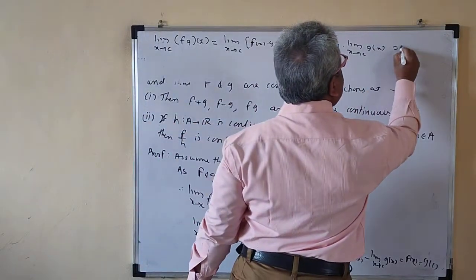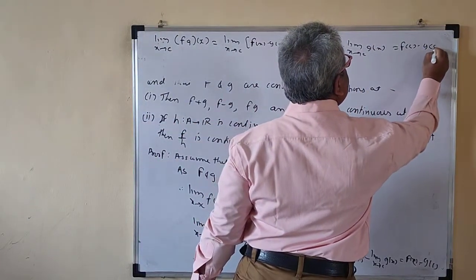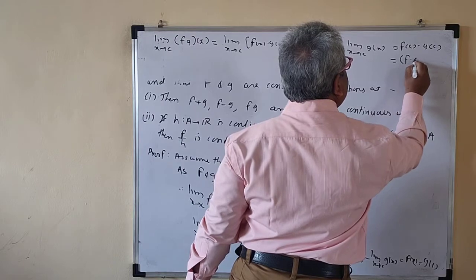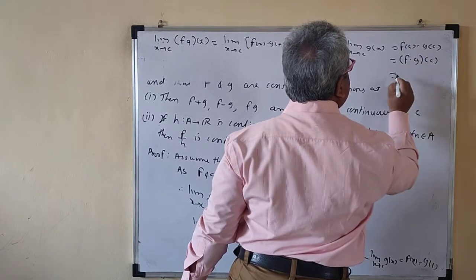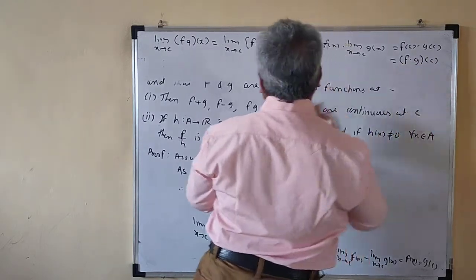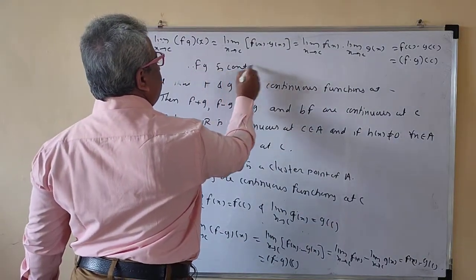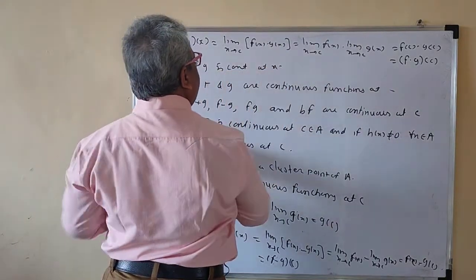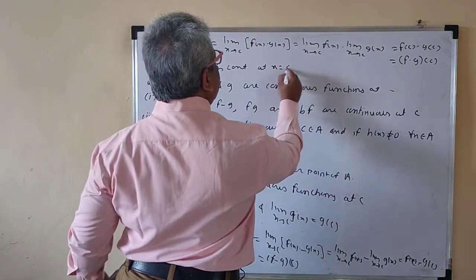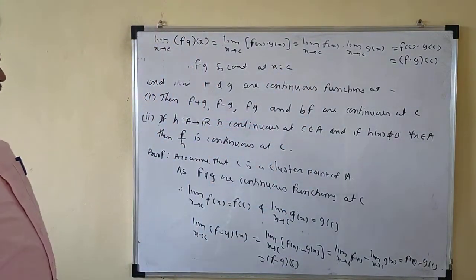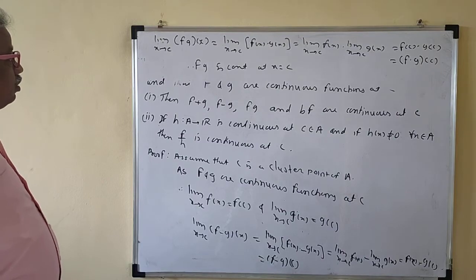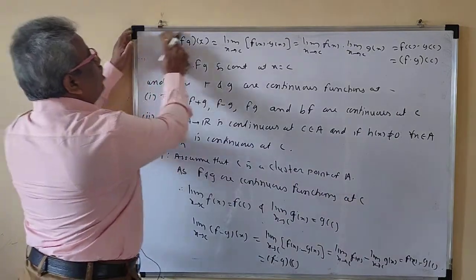So this is f of c into g of c, which is (fg) of c. Therefore fg is continuous at x equal to c. Similarly, we can do it for the last one.